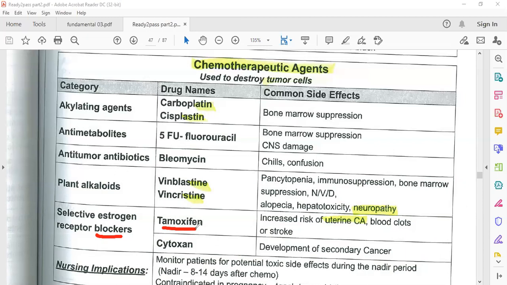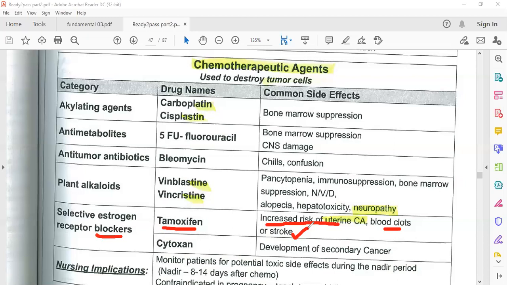So these are the side effects of tamoxifen. Let me read it. It increases the risk of uterine carcinoma. Another problem is blood clot or stroke, right? And also, as I told you, irregular period, vaginal bleeding and discharge.